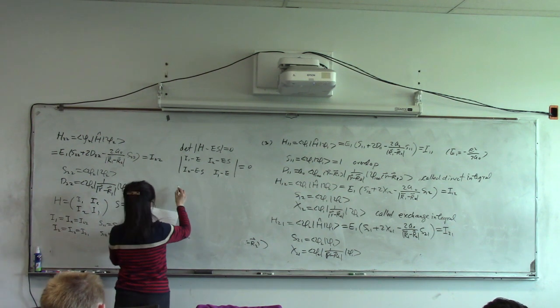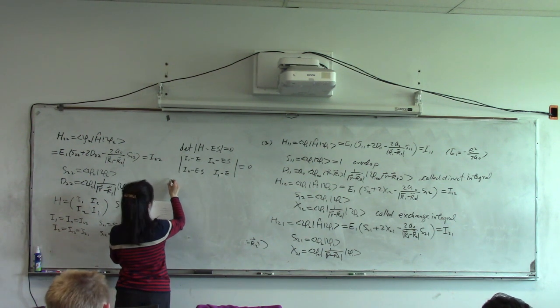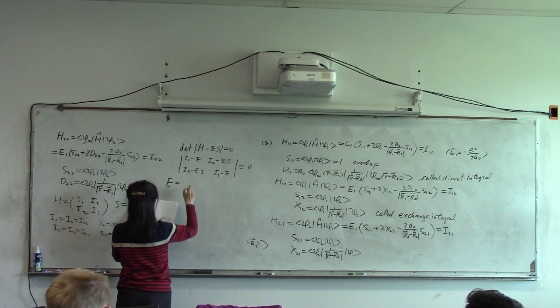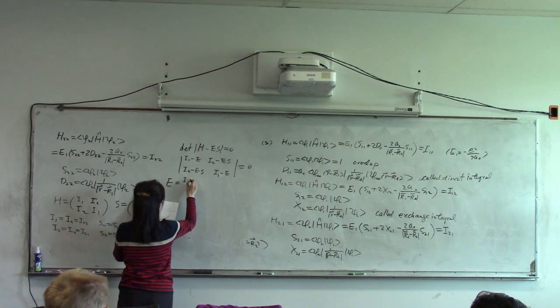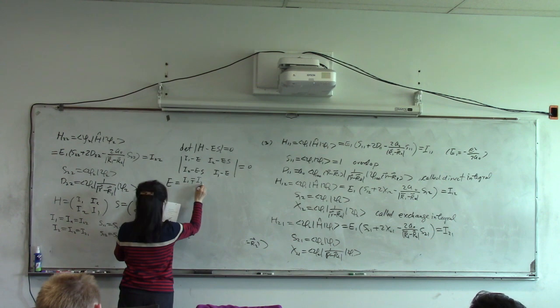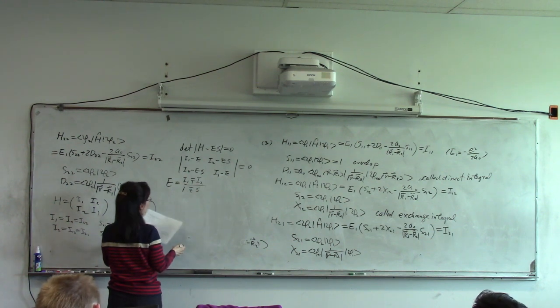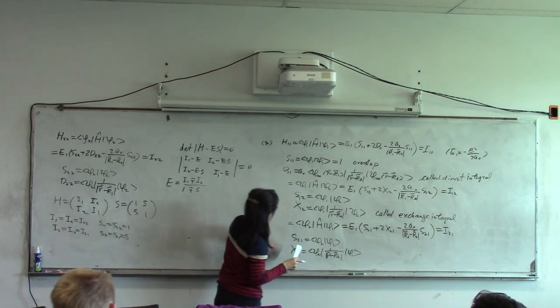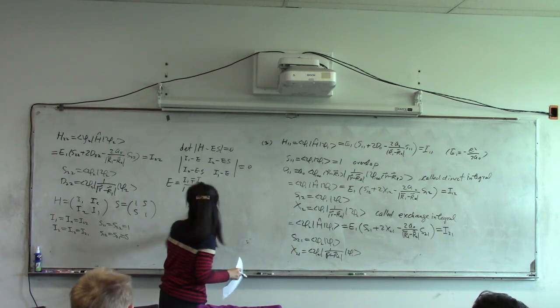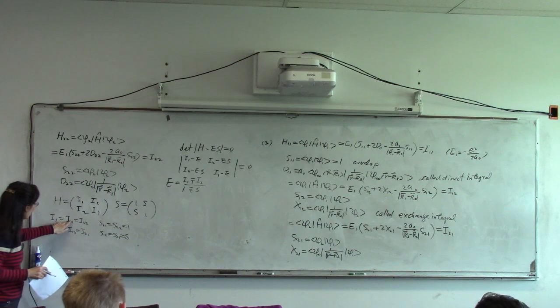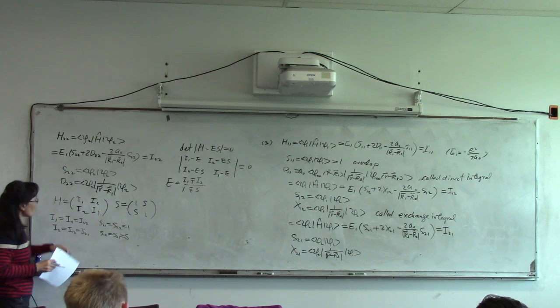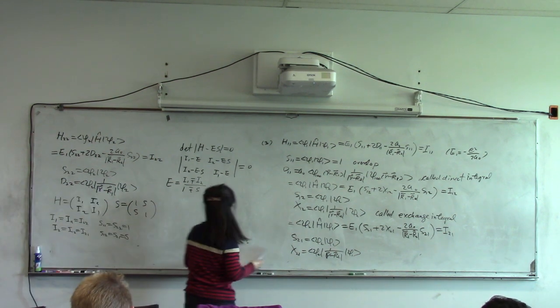So solve this one. It's simple. So now we have E. We have two values. E equals I1 minus/plus I2 divided by 1 minus/plus S, where I1 and I2 I already defined.